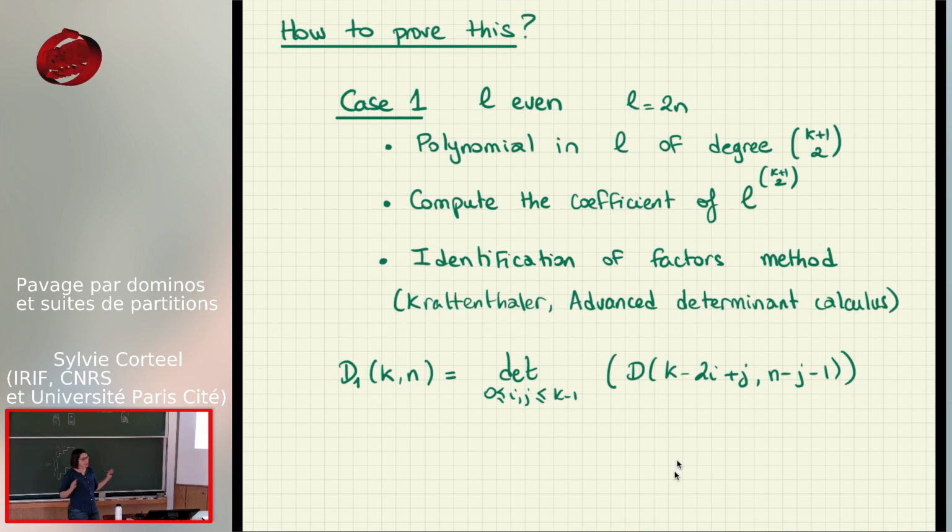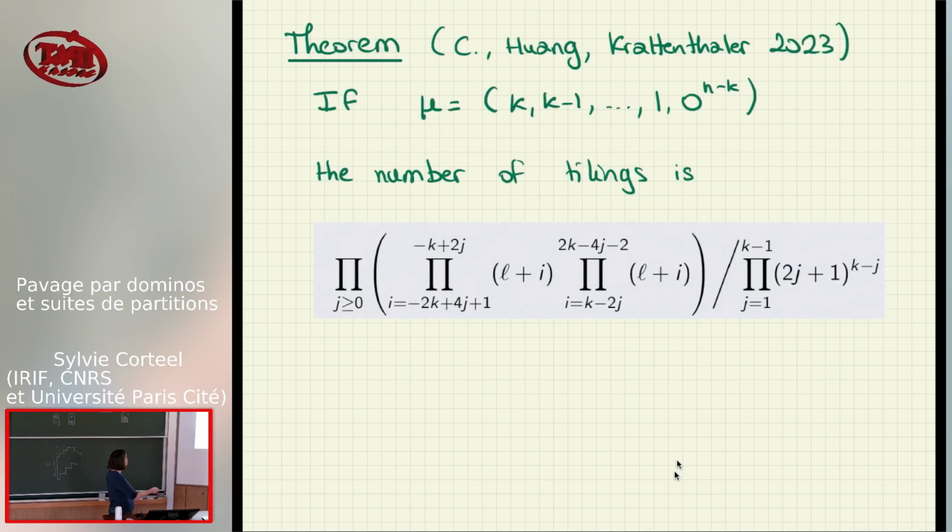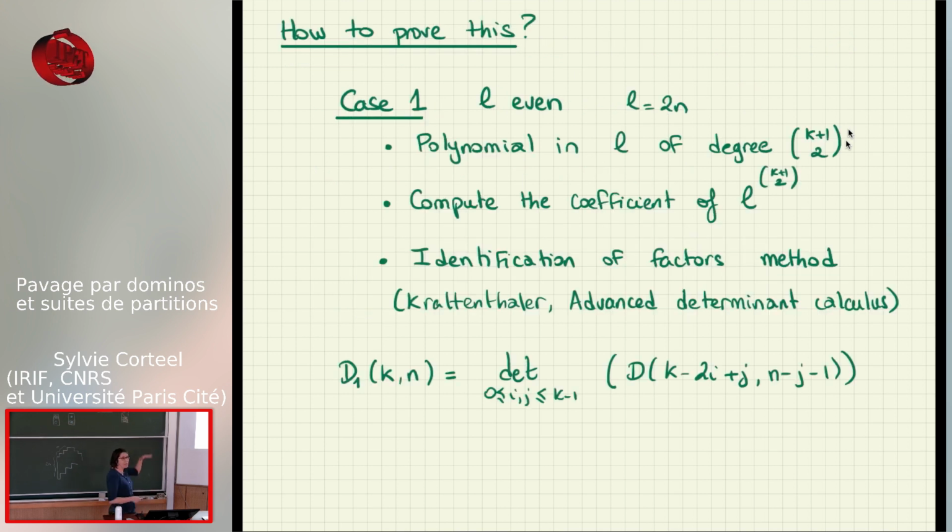And some of them can only be done with computer algebra. Okay, some part of the proof is done using the computer. Okay, but you can get this formula for every L and every K. So the idea behind is not easy, but the proof can become quite technical.